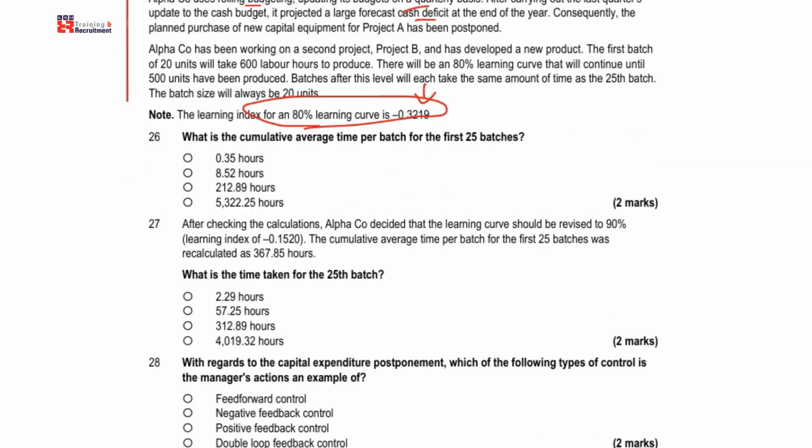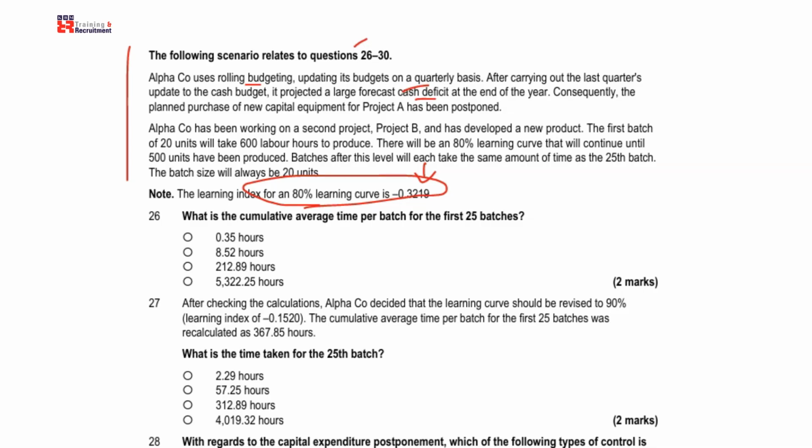AlphaCo has been working on a second project, B, and had developed a product. The first batch of 20 units will take 600 hours. You remember the formula for this one?